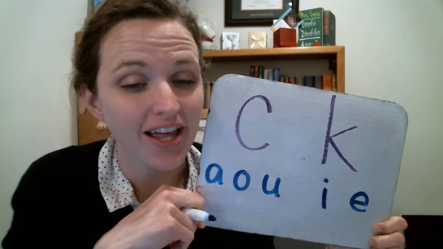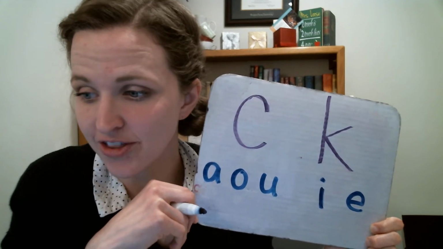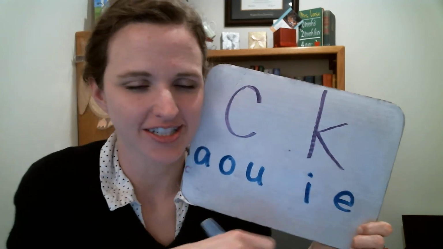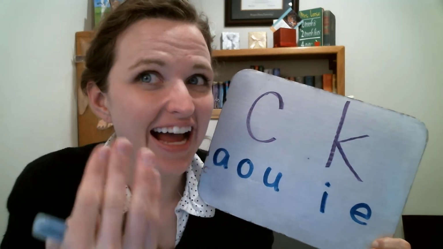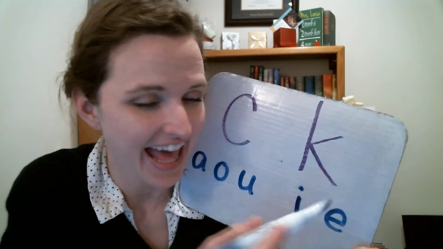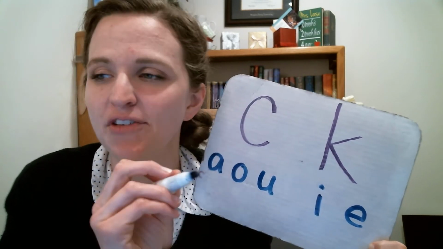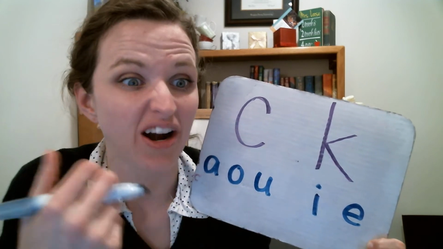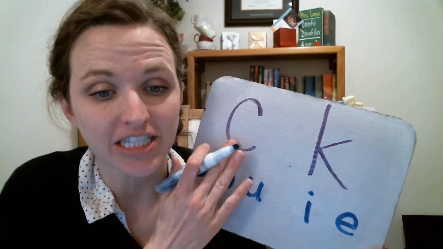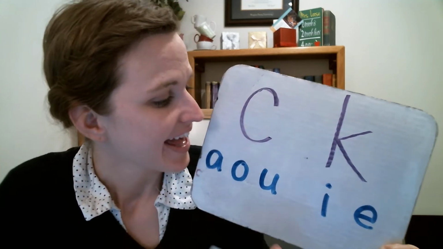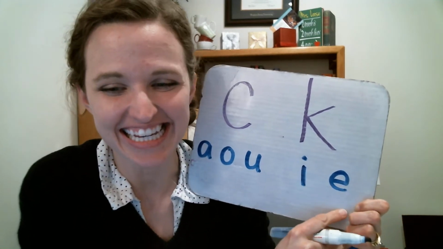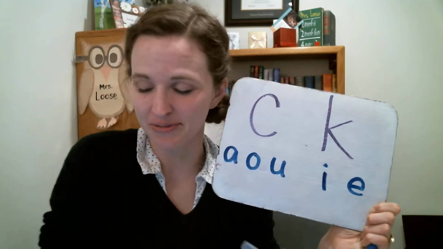The vowel sound you hear right after the k sound will match these patterns. If you hear an I or an E sound, you know K is going to have it. If you hear an A, O, or U, you're going to use the C. K takes I and E. C takes the other 3.